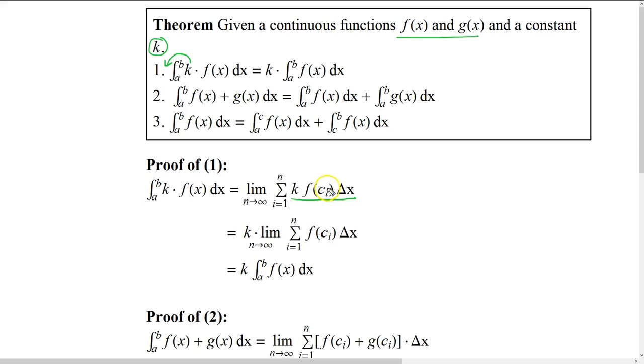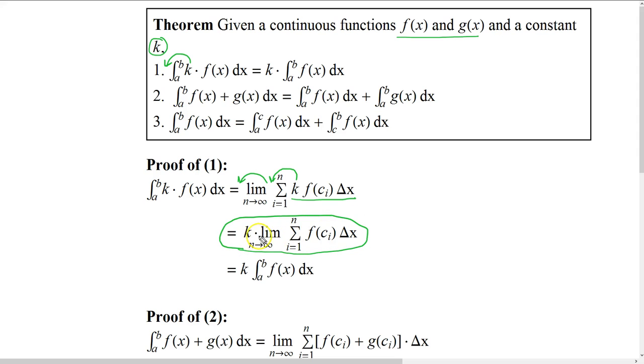Remember, the c_i is just some point in the ith subinterval. Now, since k is a constant, we can move the k outside the summation, and by rules of limits, remember, since it's a constant that doesn't depend on n, we can move it outside the limit as well, and we end up with this down here.